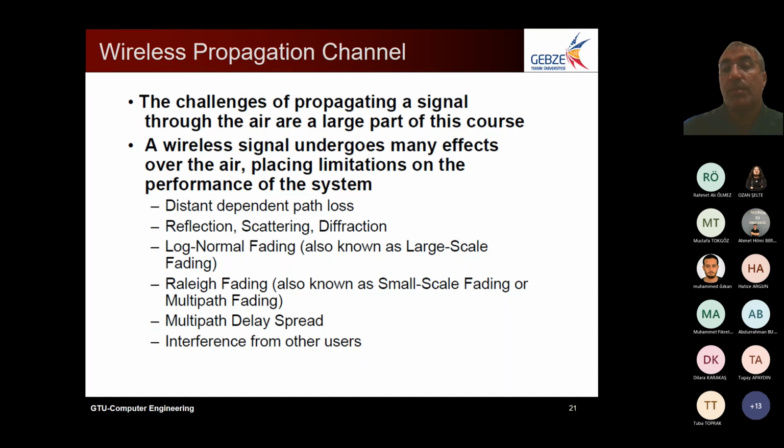So what are these channel impairments that we can talk about? They are given as follows. The first one is called distance dependent path loss. So this is your transmitter, this is your receiver, and there is a distance between the transmitter and receiver. So you're talking to your mother at Adana, you're in Istanbul, and your father and mother are at Adana.